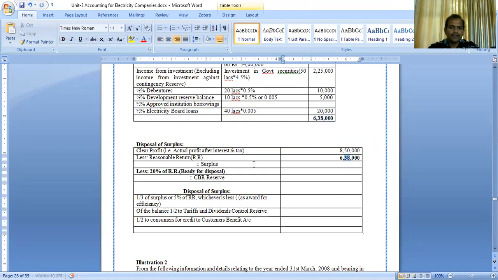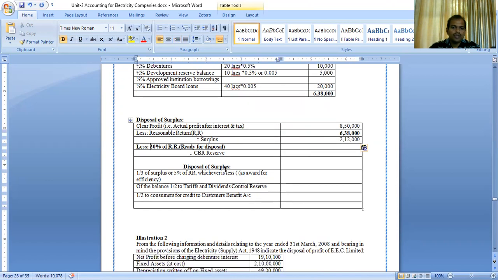that is 6,38,000, surplus comes around 2,12,000. So from here we have to be careful. Less 20% reasonable return.